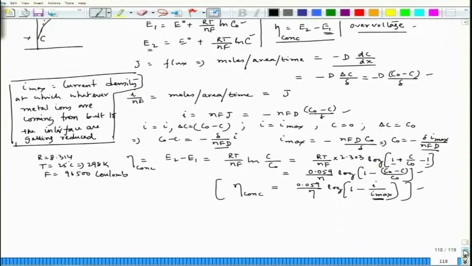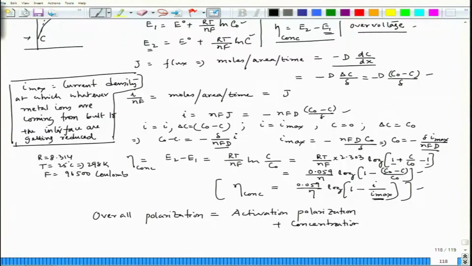Now, if I try to connect both these, this is concentration polarization. So, overall polarization should be equal to activation polarization plus concentration polarization.